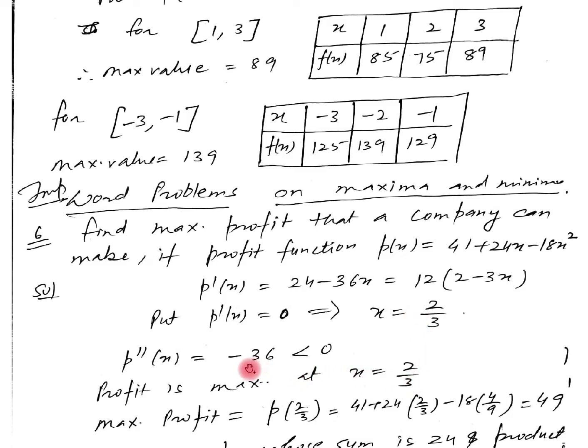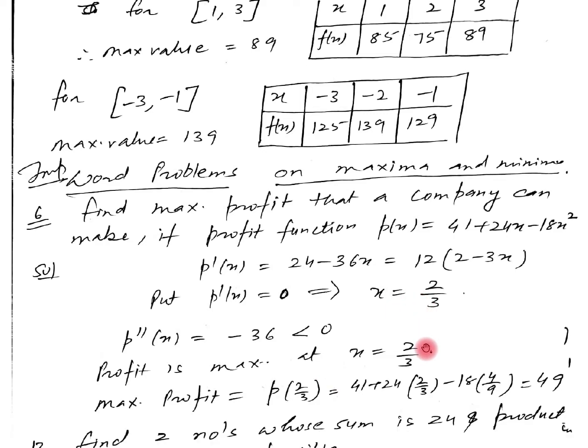Here the second derivative does not depend on x, so there is no need to put the value x equal to 2 by 3 in it. Only by differentiation we are getting it is negative. So we can easily say the profit is maximum at x equal to 2 by 3, because maximum or minimum always exists at the critical points.